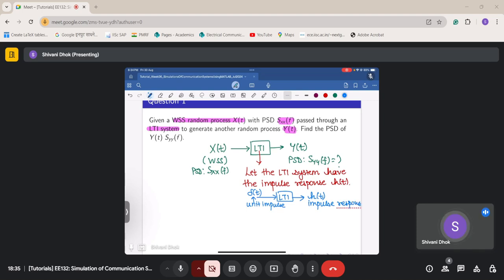So this is basically the response of the LTI system to a unit impulse as input.